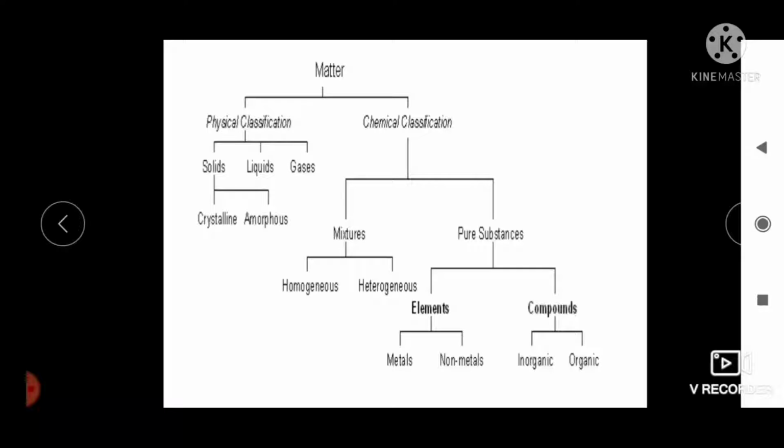On the basis of chemical properties, it is classified as mixtures and pure substances. Mixtures are subdivided into homogeneous and heterogeneous mixtures. Pure substances are subdivided into elements and compounds. And the physical classifications are solids, liquids and gases.